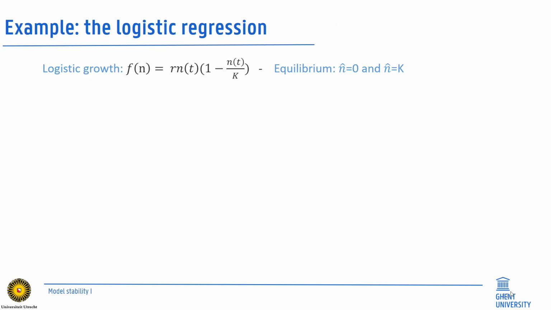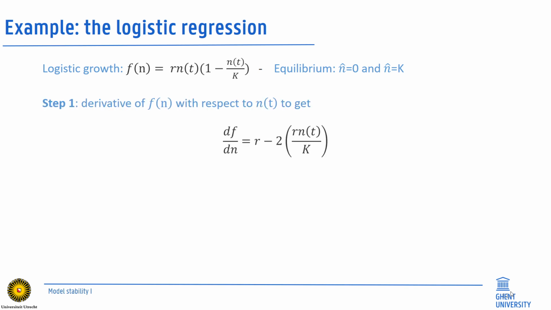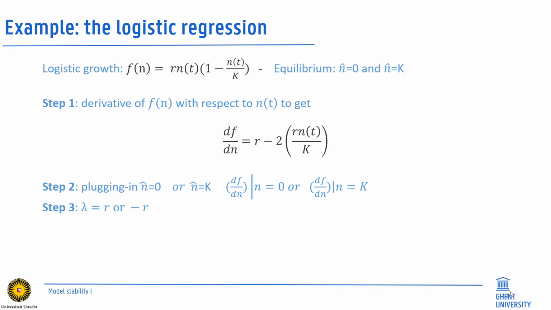For a worked out example, we take the Lotka-Volterra population model. We know the system has two equilibria, 0 and K. We take the derivative using basic calculus, which is r minus 2rn/K. We plug in the equilibria and find the derivative lambda to be r or minus r, hence being positive for the 0 equilibrium and negative for the K equilibrium.